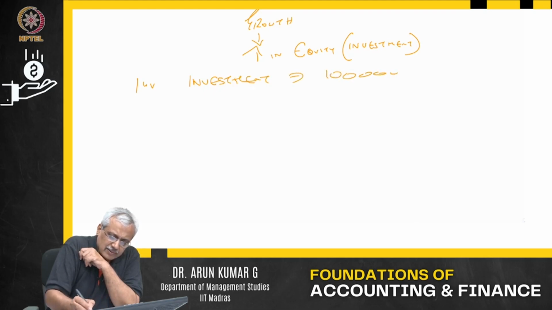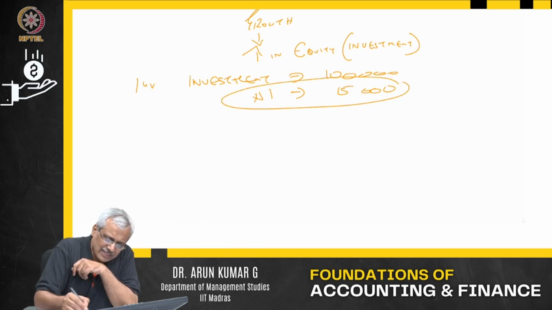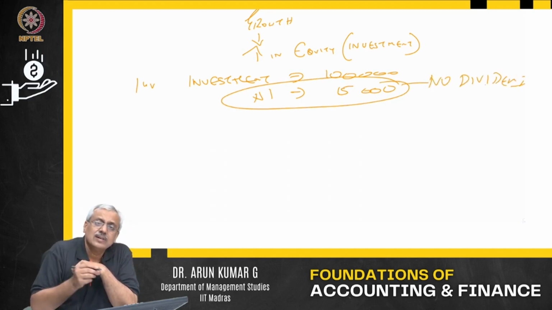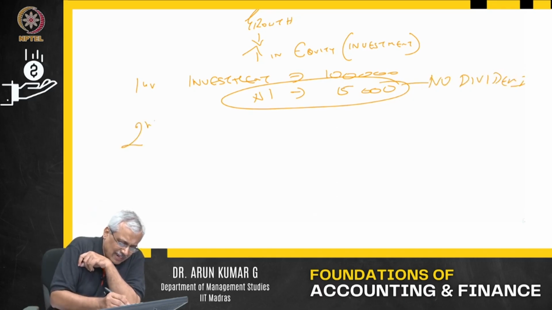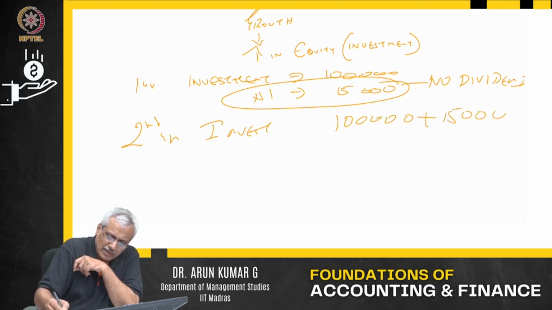My net income is 15,000. I distribute this as dividends. Imagine I do not give this as dividend, no dividend. Then in the second year, my investment will be 1 lakh plus 15,000, 1 lakh 15,000.